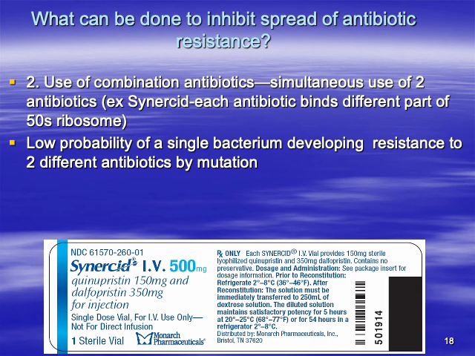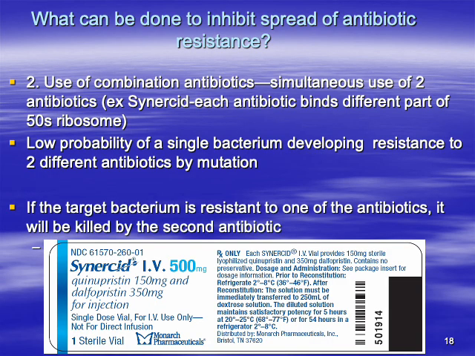But a bacterium having two mutations that make it resistant to both of those streptogramin drugs found in Synercid is very, very, very rare. So if a target bacterium is resistant to one of the antibiotics in there, it's going to get killed off by the other one. Therefore it won't become widespread, because it's going to be killed off by the second antibiotic.